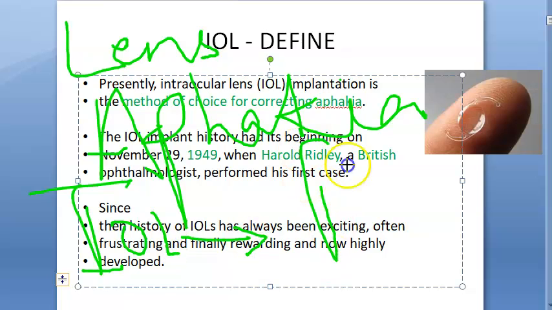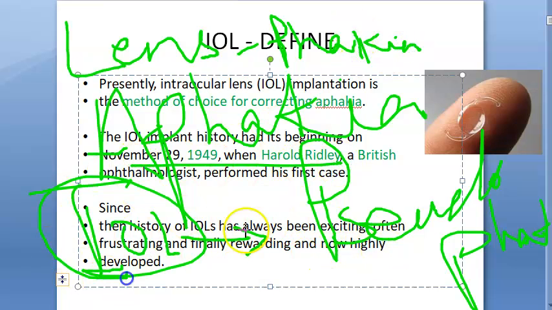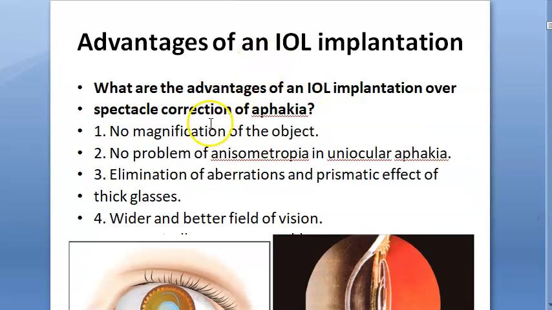Once they put an intraocular lens, it will become what? Pseudophakia. Okay, fake lens. So first you will be phakic, then they will remove it, it will become aphakia, then they will put an IOL, it will become pseudophakia. In 1949, a British ophthalmologist, Harold Ridley, was the person who first performed this. Since then they have been trying it.